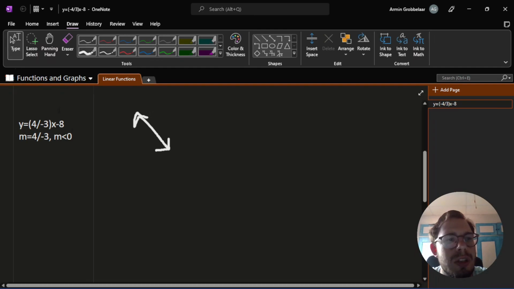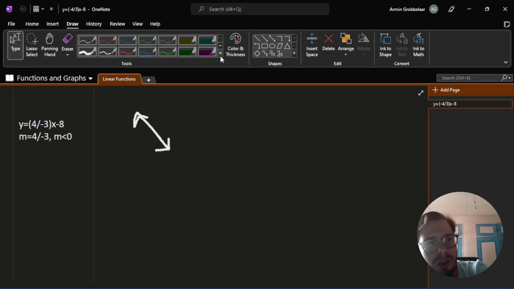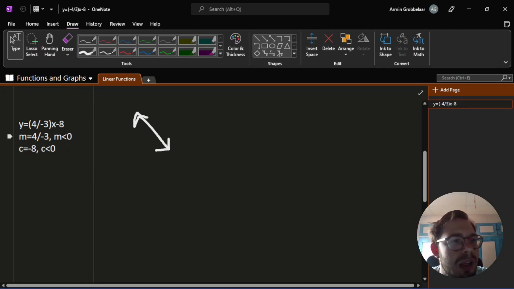We can also see here that c is equal to minus 8. So c is less than 0. So we know that this linear function will cut the y-axis where y is negative at the bottom.